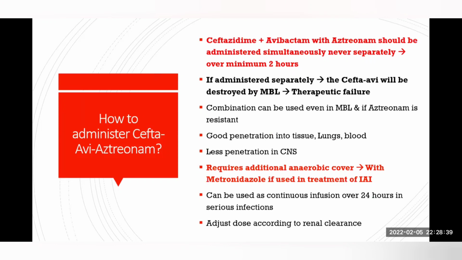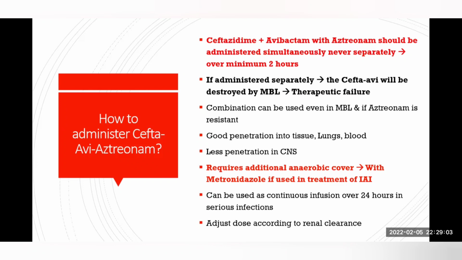So suppose, as I mentioned, ceftazidime-avibactam alone does not have any action on MBL. So you give ceftazidime-avibactam in a patient who is having MBL, this drug will get hydrolyzed. Then you are giving aztreonam. Only aztreonam will not have any action on other types of beta-lactamases. So effectively, you are not giving any drug. It is leading to therapeutic failure.